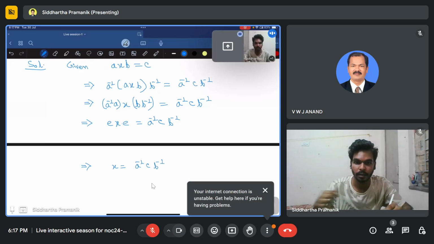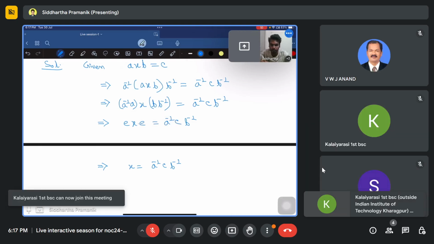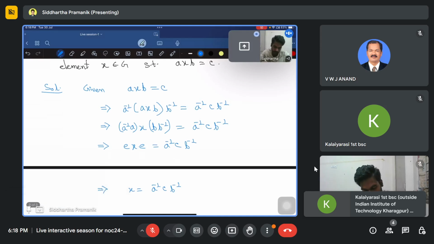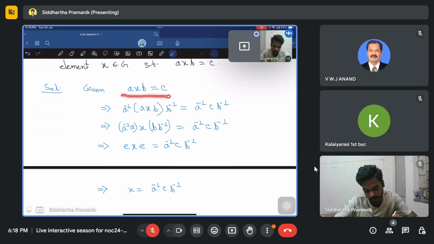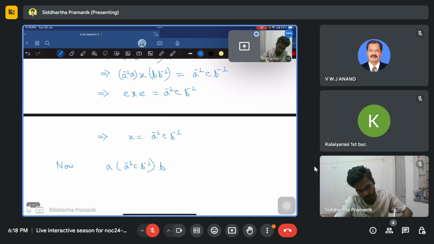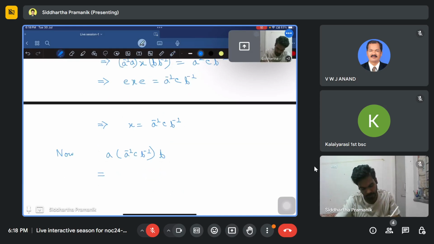So we have found a candidate for the element X. Now let's substitute X in this equation and see whether it gives the desired solution or not. So now A inverse C B inverse times B. We are just substituting the value of X. Let's see what happens here.